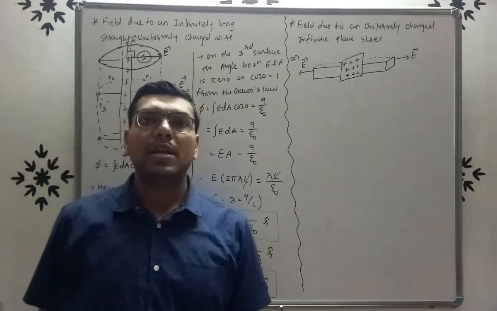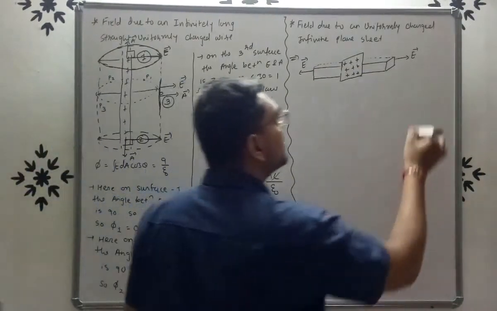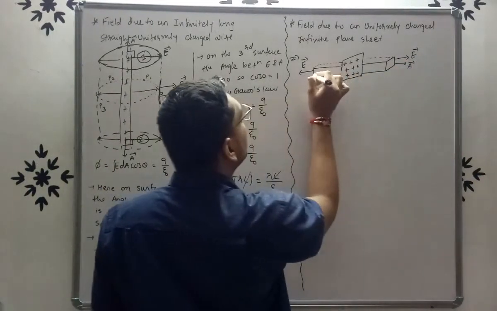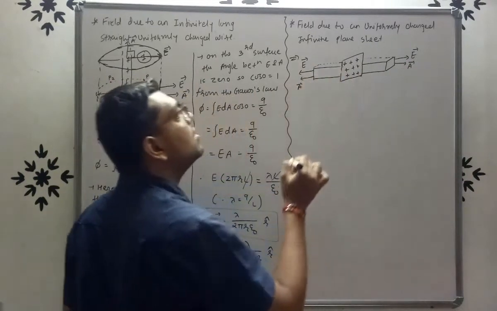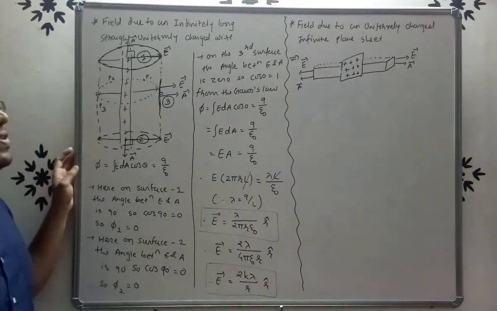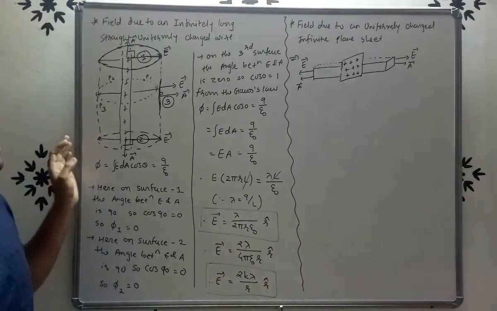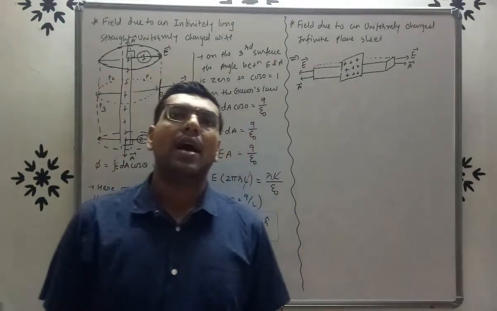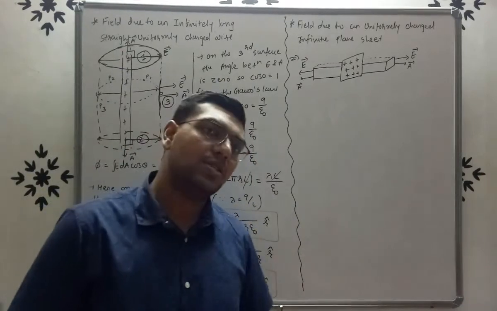Now we already know that the direction of the area vector is also outward. So here the area vector is like this, and for this surface the area vector is like this. So for the infinite plane sheet, the direction of the electric field and area vector are the same, so theta is equal to 0.